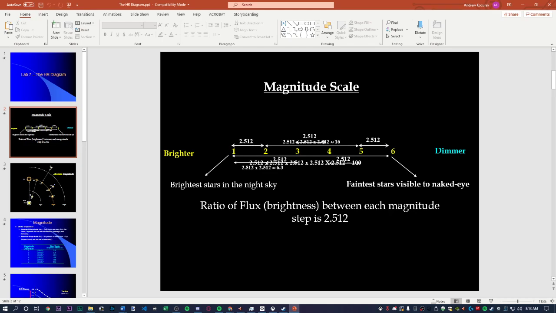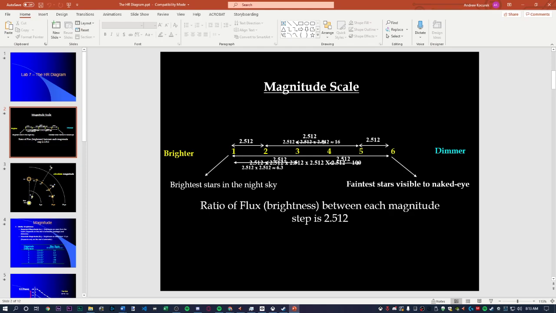So with this magnitude scale, and we've talked about this, we should have talked about this before, or you should have read about this. Excuse me. Magnitude scale is based on a 1 to 6 scale, where 1 are the quote-unquote brightest stars in the sky, and 6 are the dimmest stars in the sky.